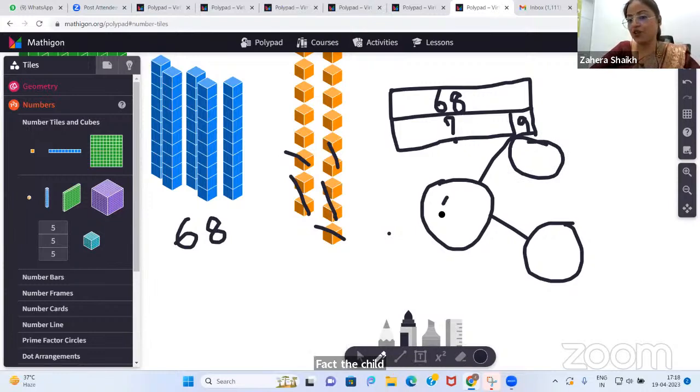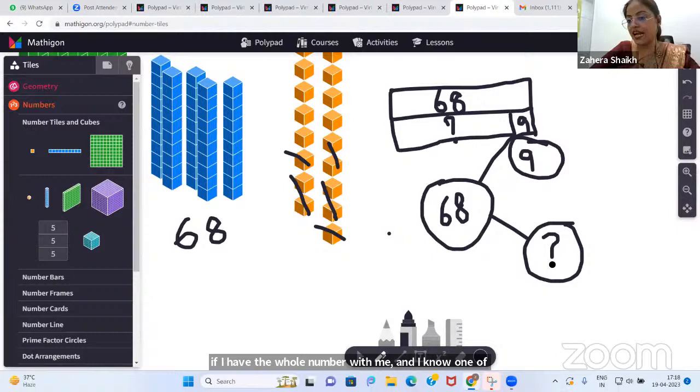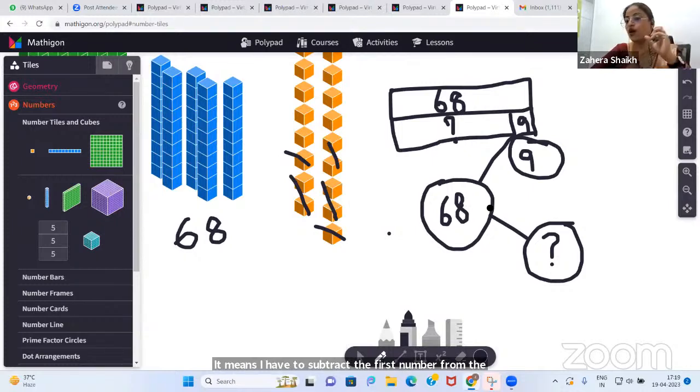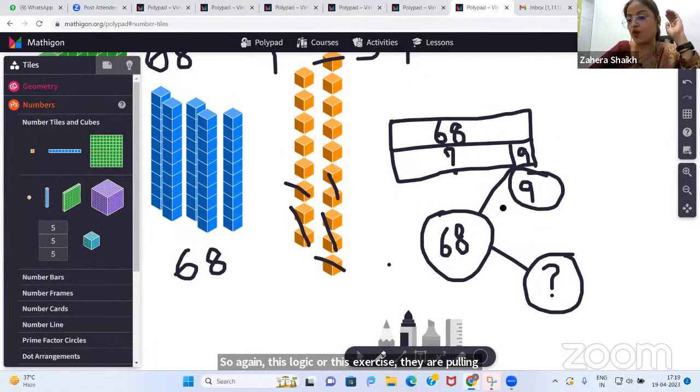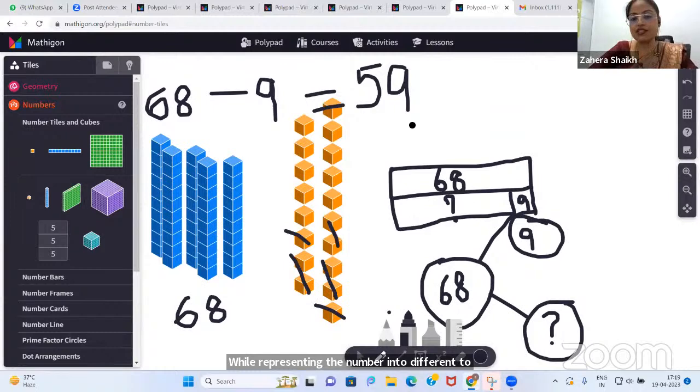If I have the whole number with me and I know one of its parts and the other part is not known to me, it means I have to subtract the first number from the whole, right? So again, for this logic they are pulling down the previous understanding they have learned while representing the number into different two combinations, right? Okay, this is addition, subtraction.